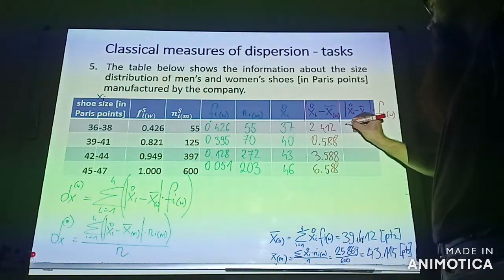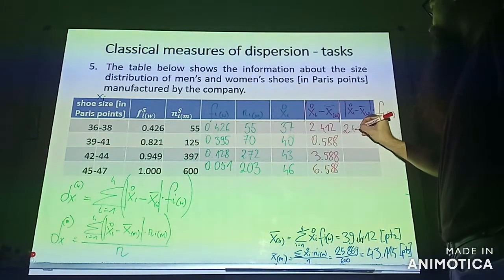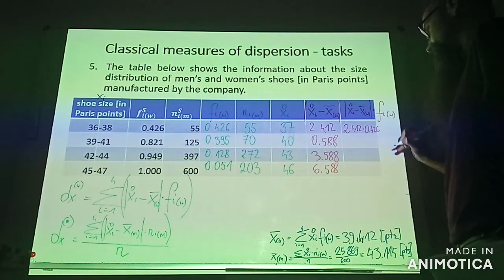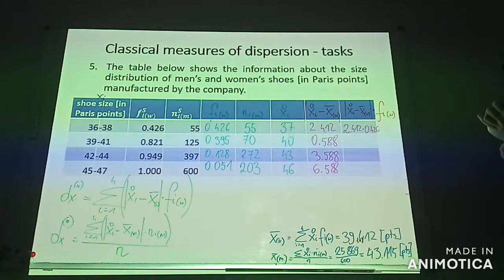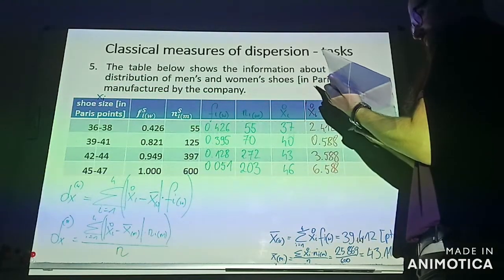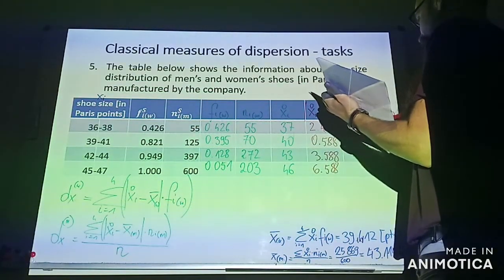In the first row I have 2.412 by 0.426. And the result is 1.028.